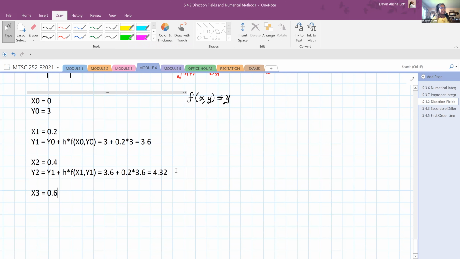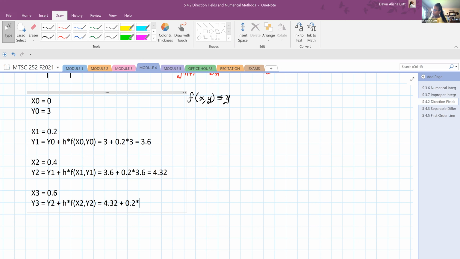So y3 is going to be y2 plus h times f of x2, y2. Okay, so y2 is 4.32 plus h, which is 0.2, times f of x2, y2.